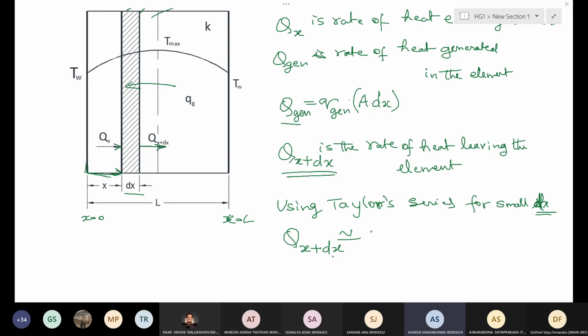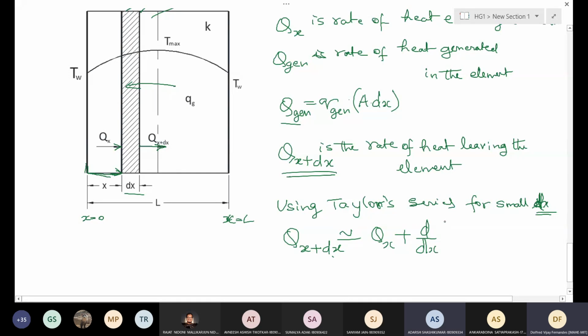Yes, there was an expression we derived for this. Q at x plus dx equals Qx plus del of Qx, or d by dx of Qx, times dx, because this is a one-dimensional case.